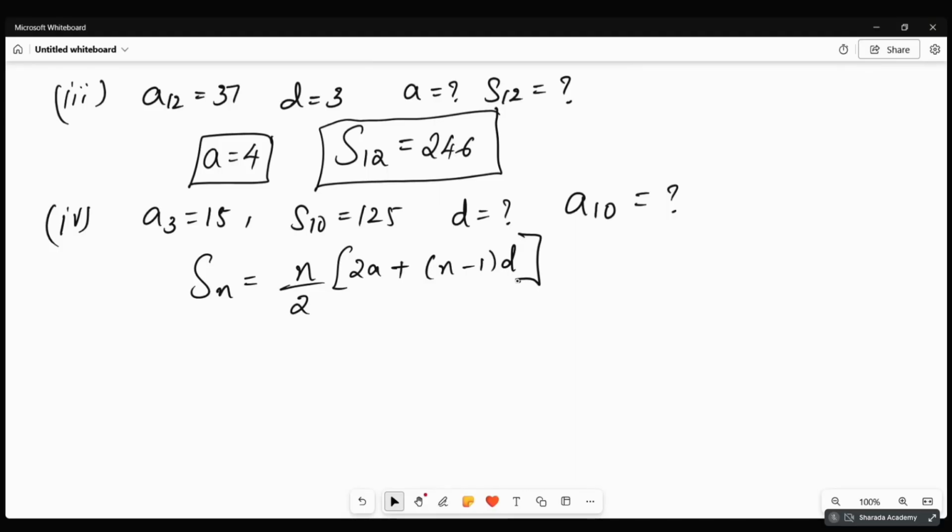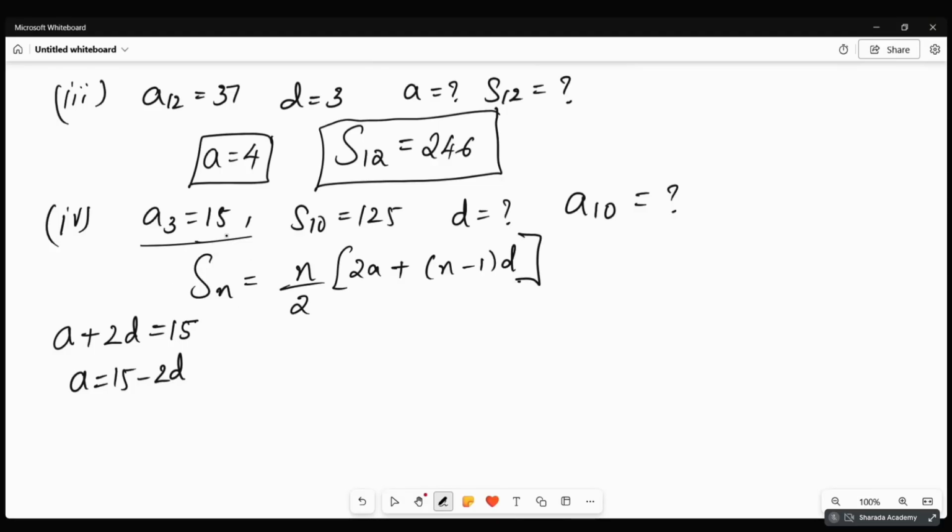a we don't know, right? a plus 2d is 15, correct. Two equations you will get, and then you can solve. So a3 is 15 means a plus 2d is 15, or a is equal to 15 minus 2d.